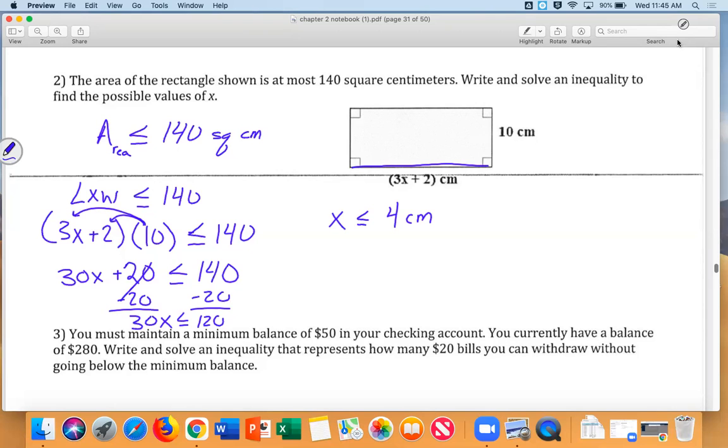It's like area on the top, and length and width on the bottom. So we had the area was 140, and then the width was 10. So we divided that, and that gave us what the length had to be. So then we just had to find it. It's pretty easy from there.